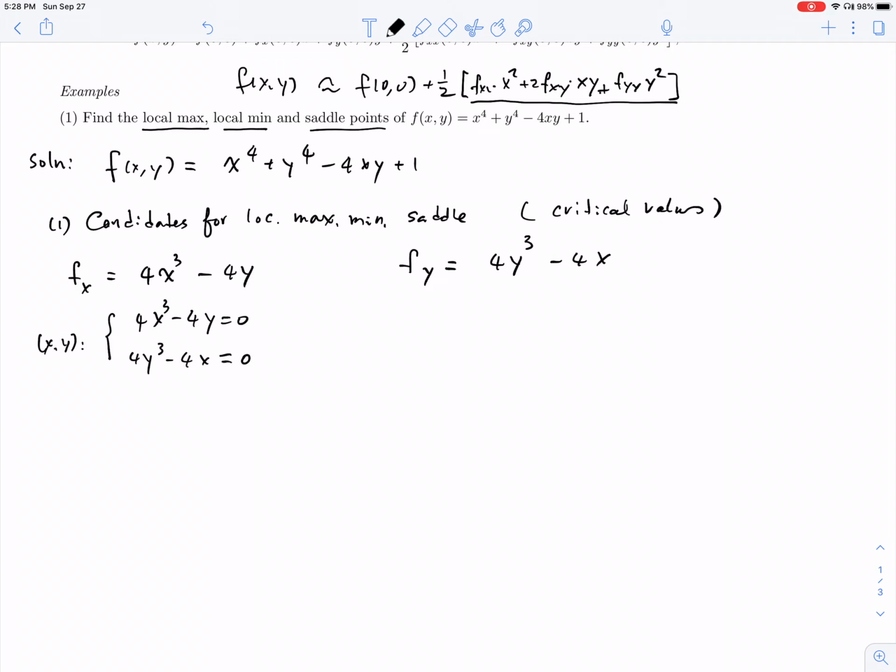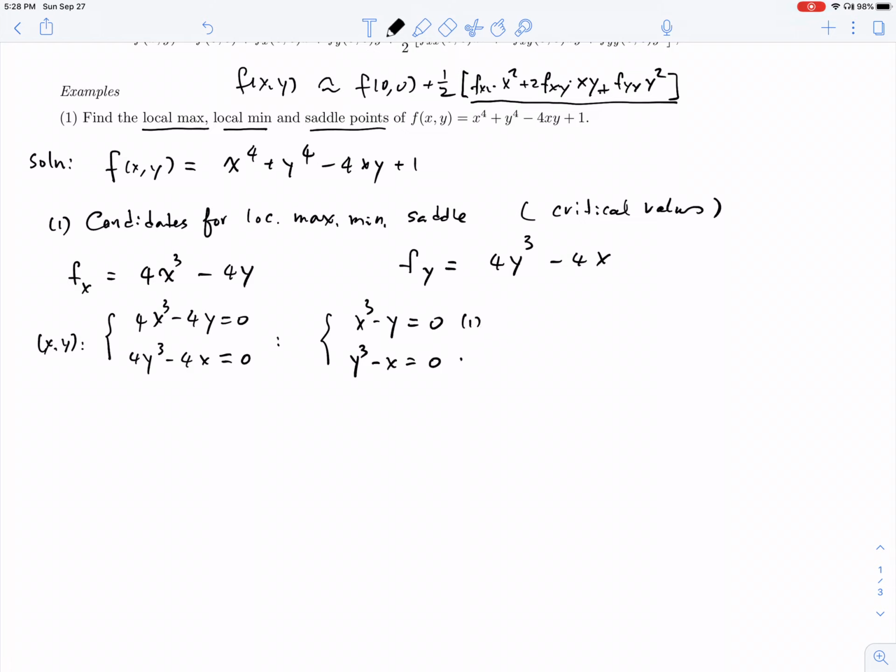The method we use is always the substitution method, especially when we have only two equations. 4 is a constant, so we can factor it out. So what we have is x cubed minus y is equal to 0, and y cubed minus x is equal to 0. We can already see 0, 0 is a solution, but we want to get all solutions, so we need to be very careful.